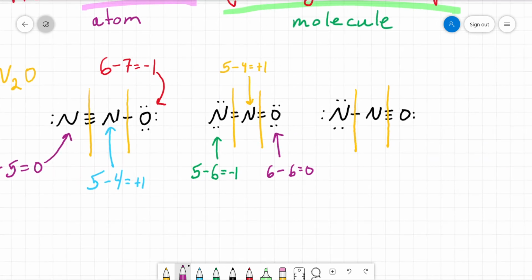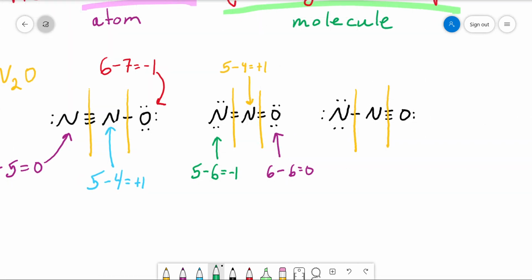And moving on to this other nitrogen here. 5 valence electrons for nitrogen, again, minus 1, 2, 3, 4, 5, 6, 7. That equals negative 2.